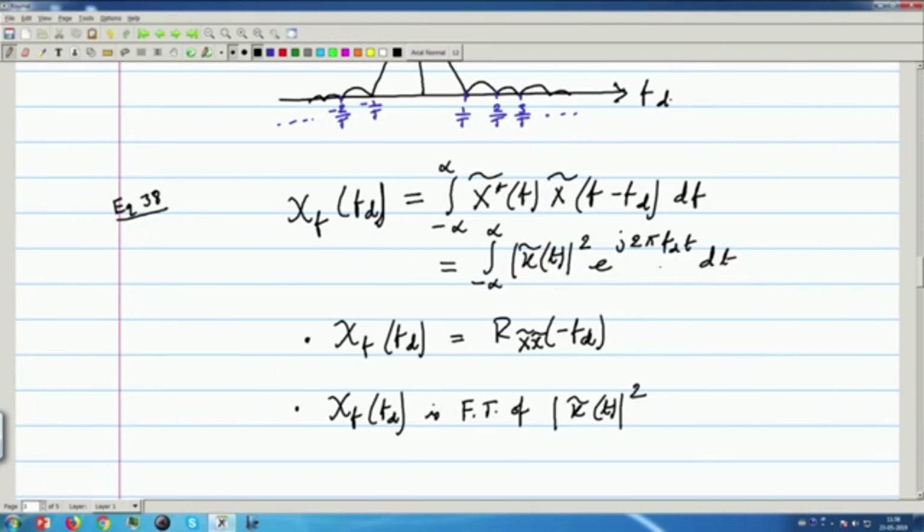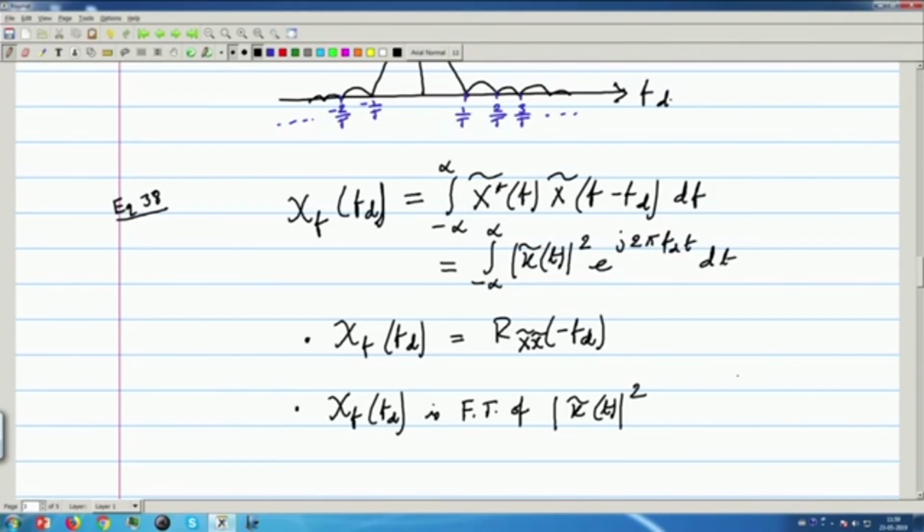But there will be a phase term, because instead of e to the power negative sign, it is plus.